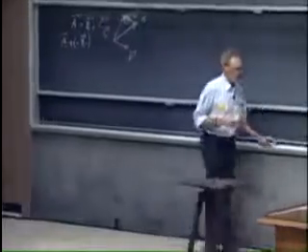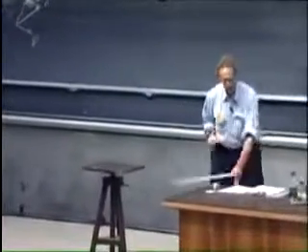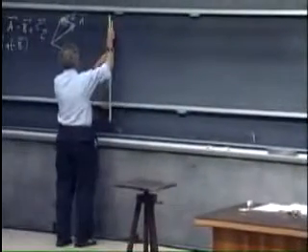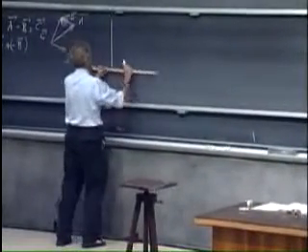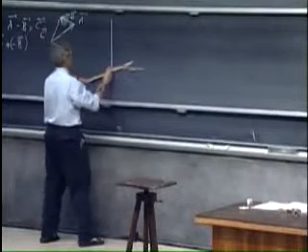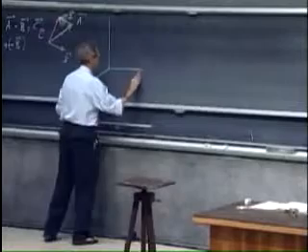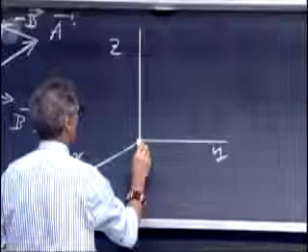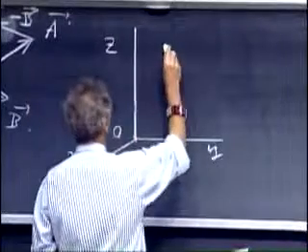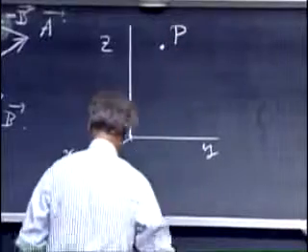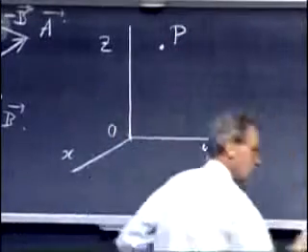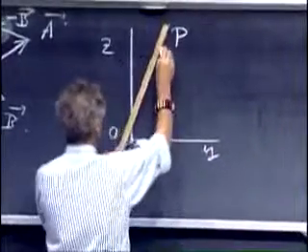I have a vector which is in three-dimensional space. This is my z-axis. This is my x-axis, y-axis, and z-axis. This is the origin O, and here is a point P, and I have a vector OP.